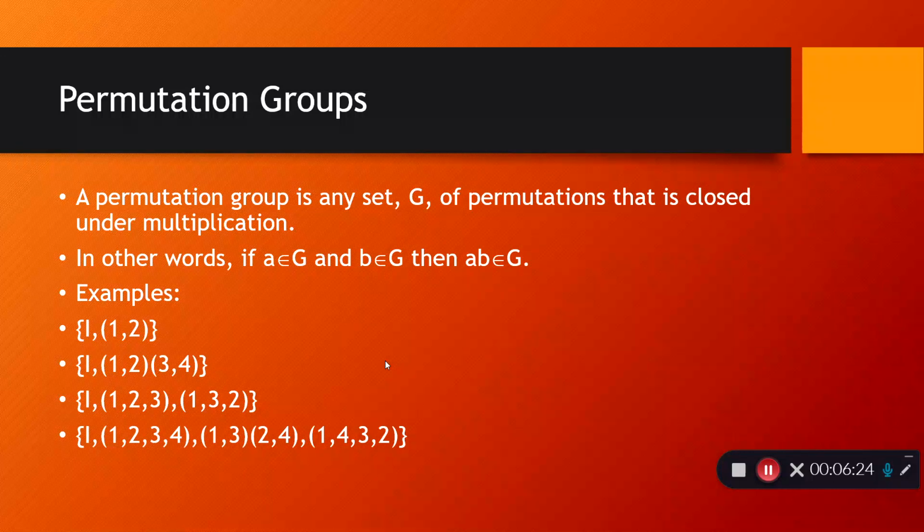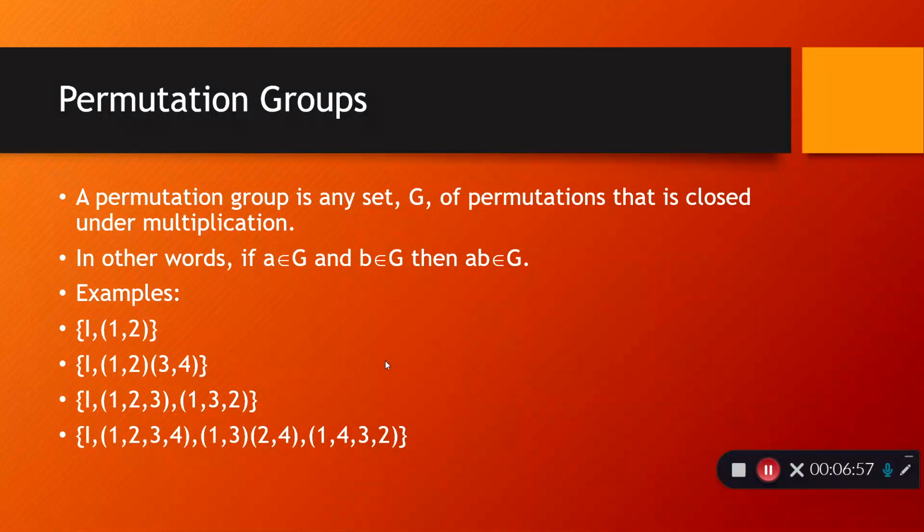And here are some examples of permutation groups. The first one is just I and (1, 2). I is in every one, remember. This is an example of a partial symmetry in the first two variables of the function. Now, I also have the following set, I and then (1, 2)(3, 4).